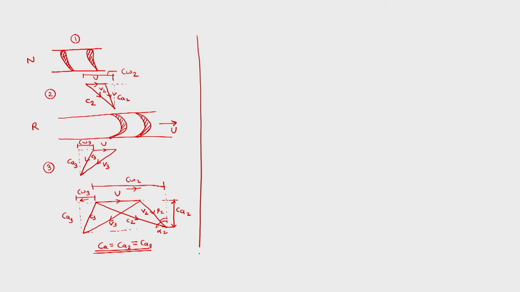So having said this, let us consider what is u from the inlet velocity triangle. From the inlet velocity triangle, u is equal to Ca into tan alpha 2 minus Ca into tan beta 2.